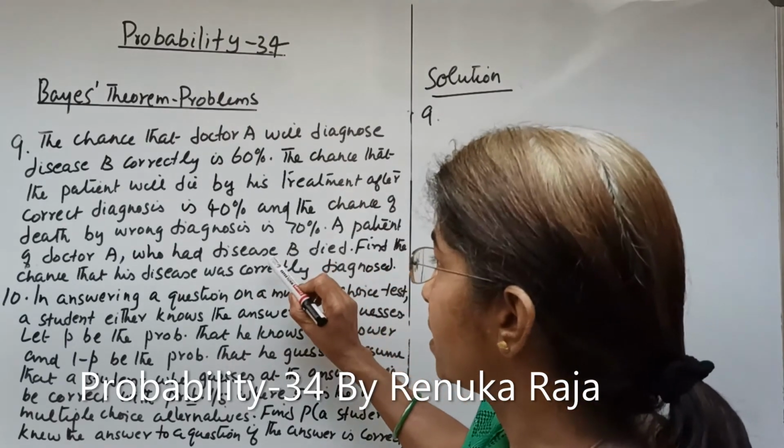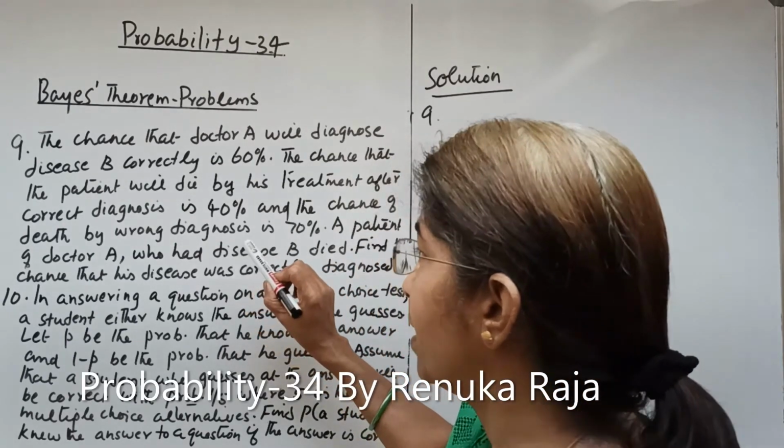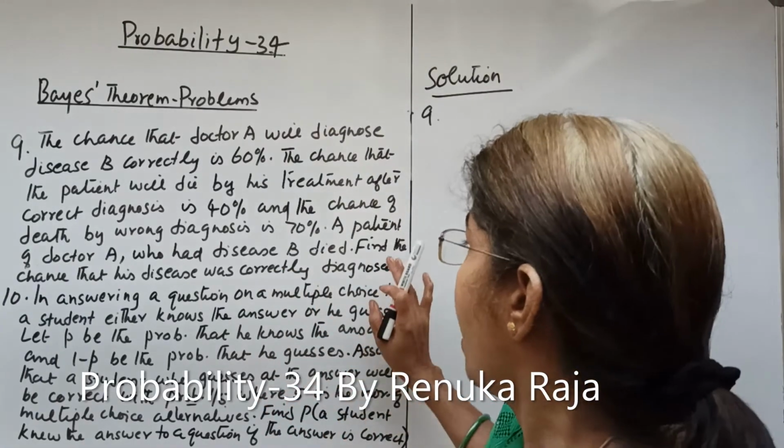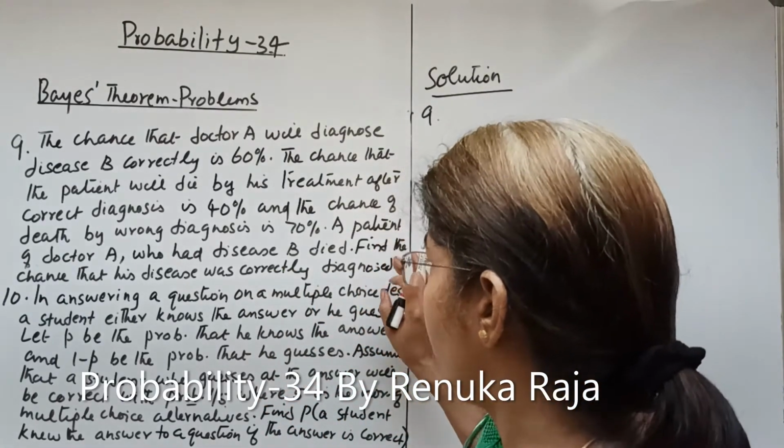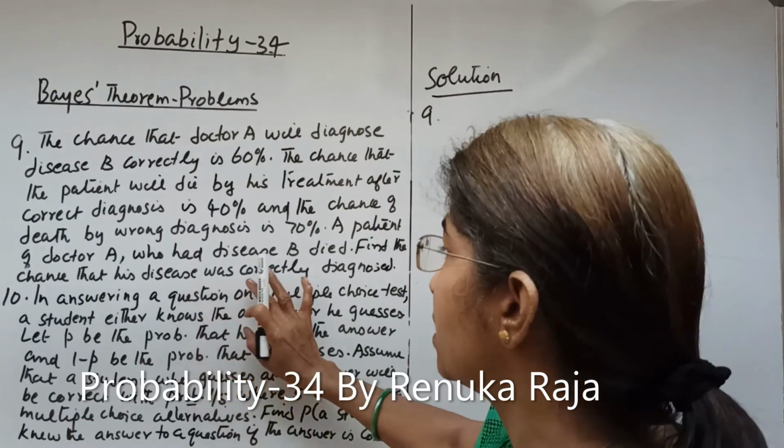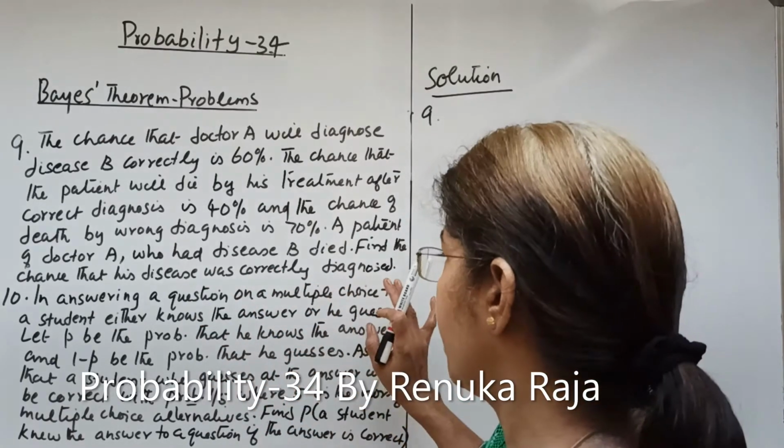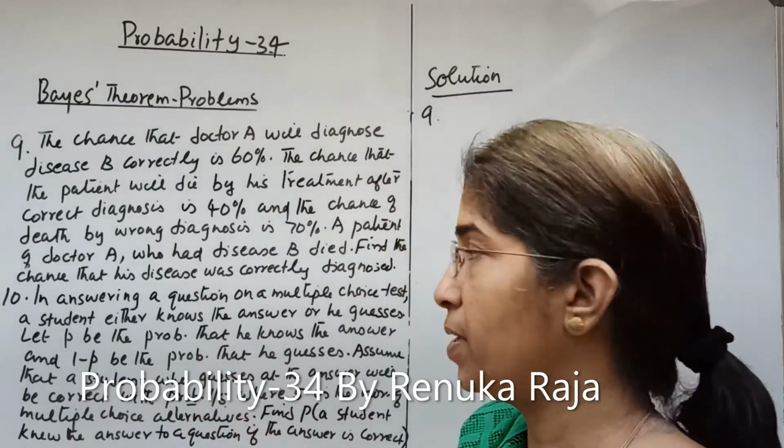It is given that the patient who had disease B died, and we are required to find the probability that his disease was correctly diagnosed under the assumption the patient died.